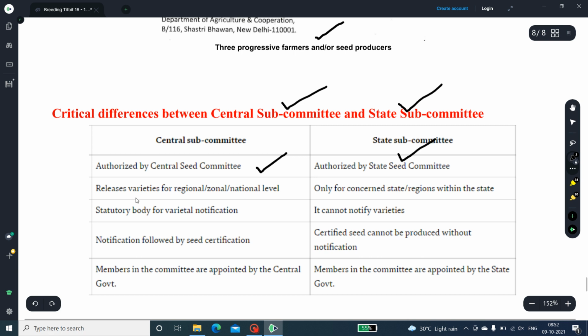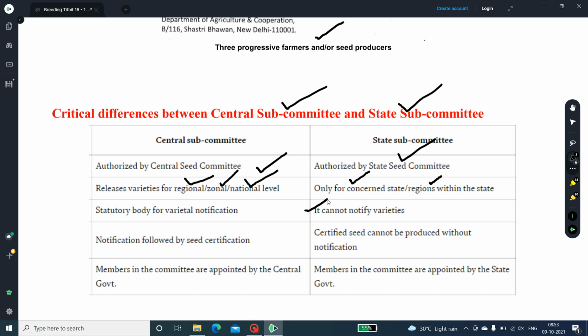The central one is concerned with the release of varieties for regional, zonal, and national level, while the State Seed Subcommittee is responsible for the release of varieties of the concerned state or the region within the state. The central one is the statutory body for varietal identification, while the state one cannot notify varieties.